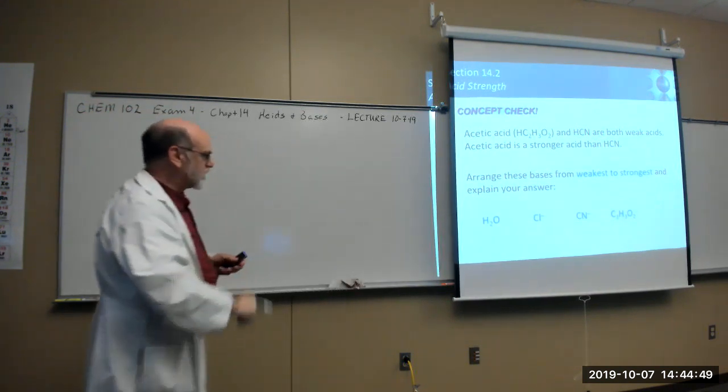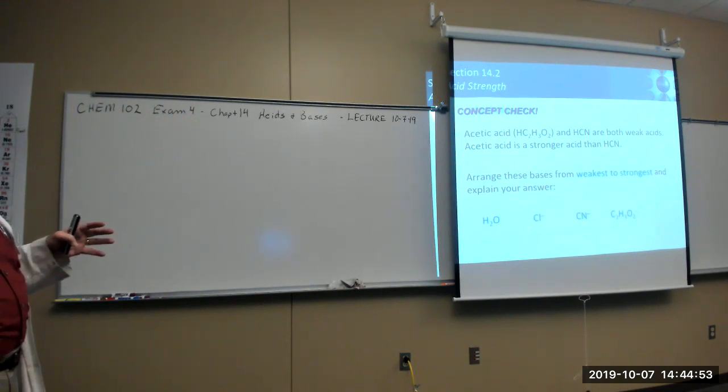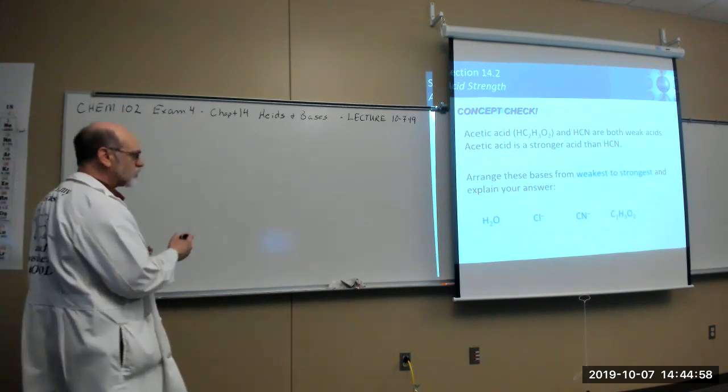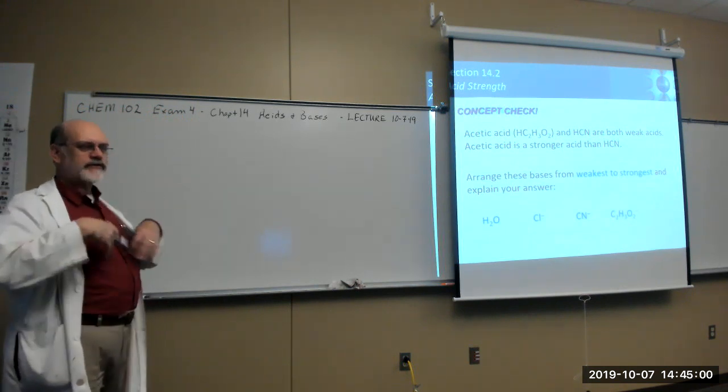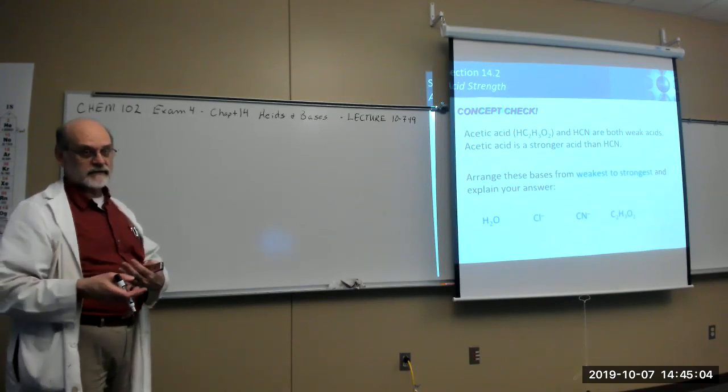All right, so the question is, if we have these two, and they're both weak acids, acetic acid is stronger than HCN, which means acetic acid wants to dissociate, give up a proton more readily than HCN does.